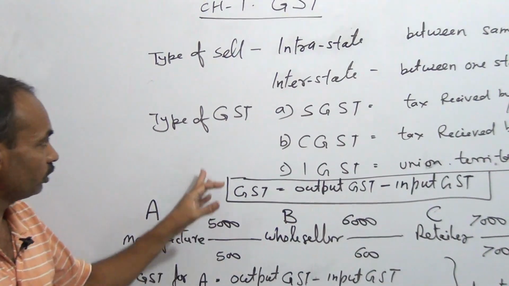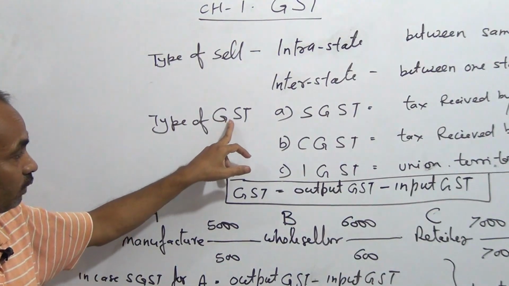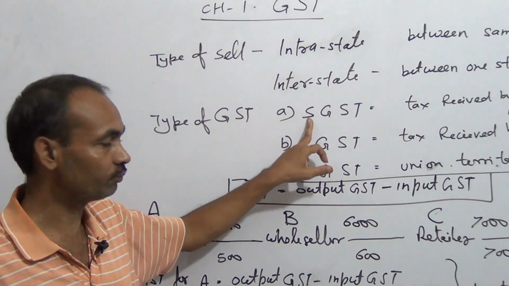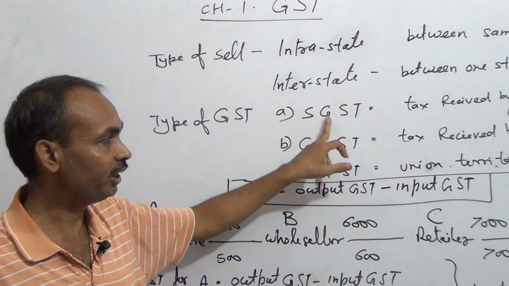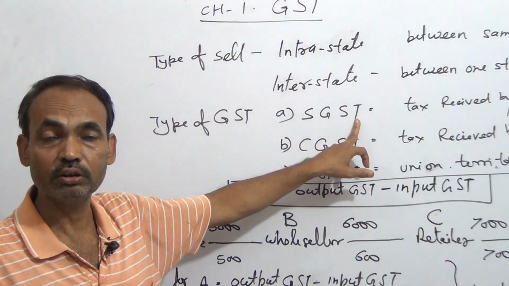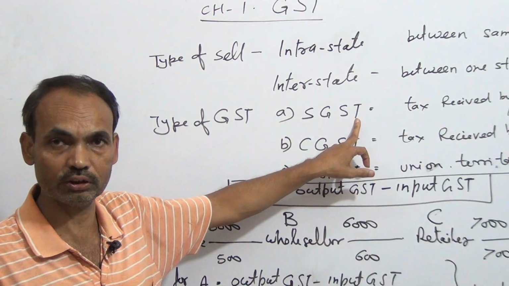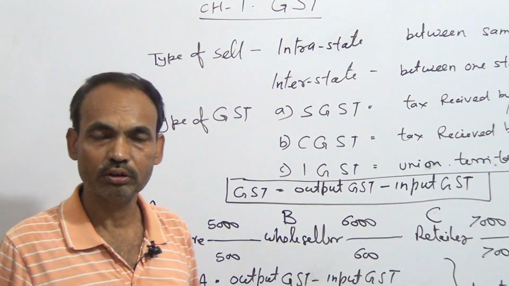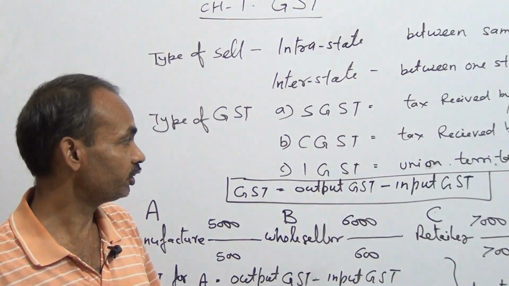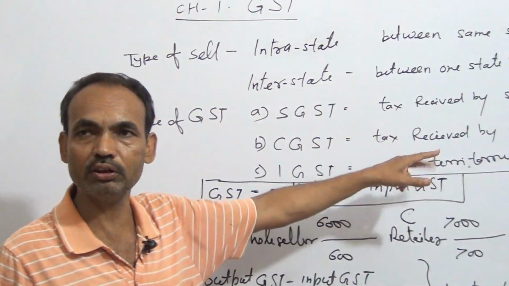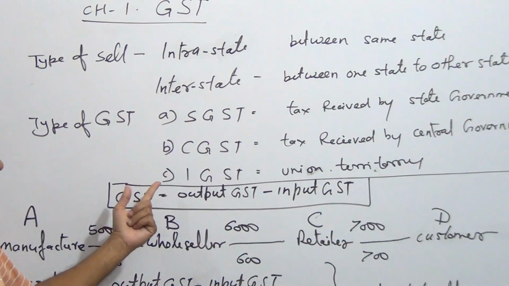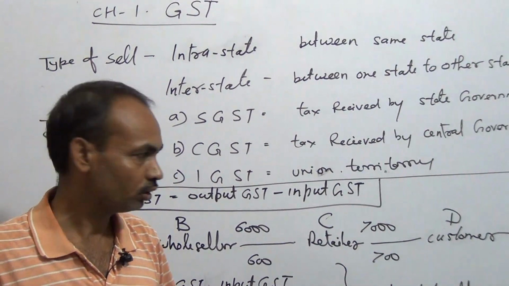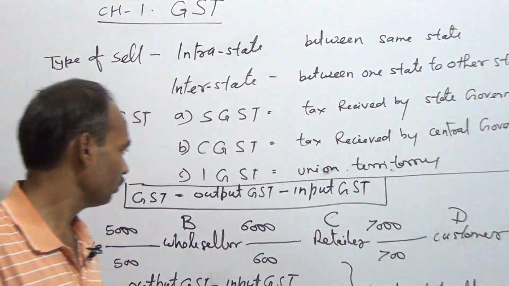Now we will discuss the types of GST. There are three types of GST. First of all, SGST, which means State GST. Second type is CGST, the Central GST, tax received by the central government, while the third type is IGST, Union Territory GST.